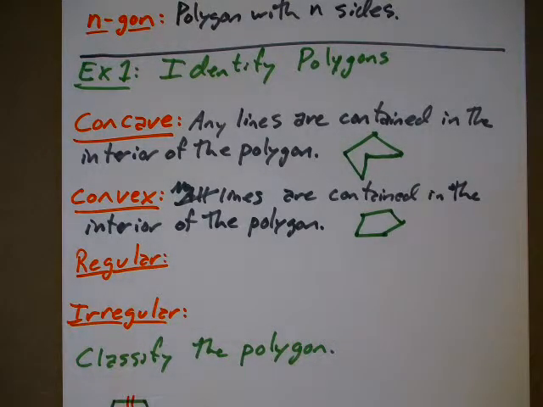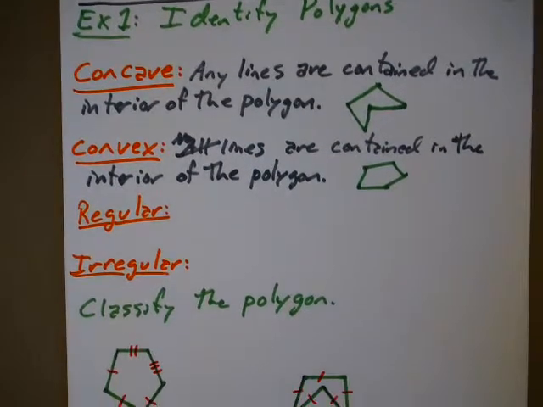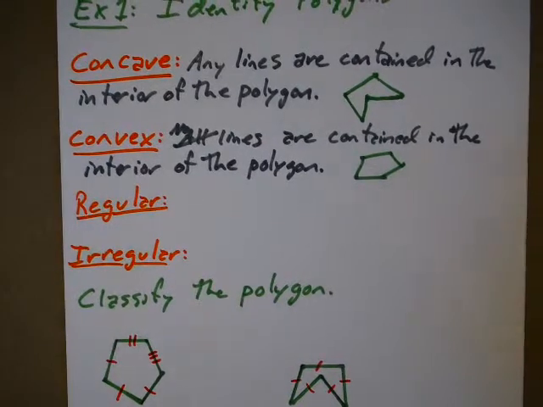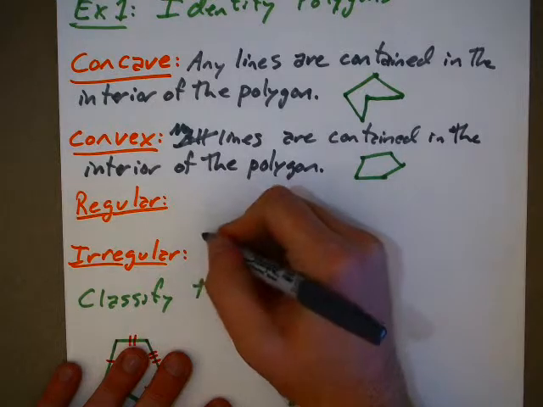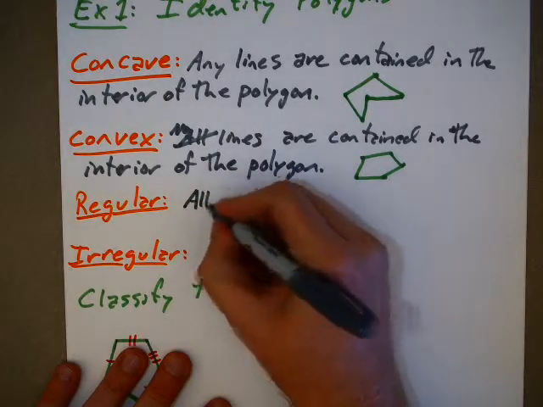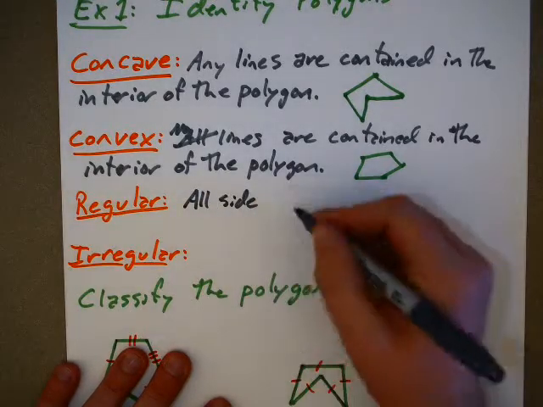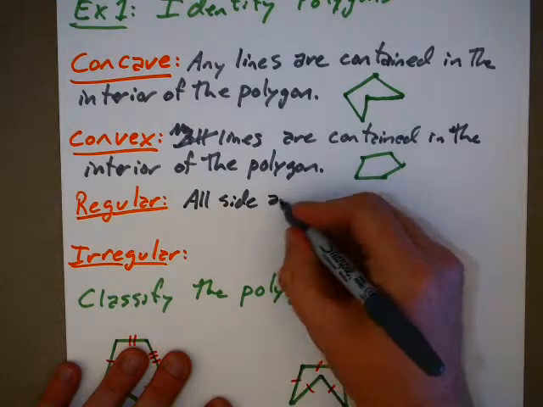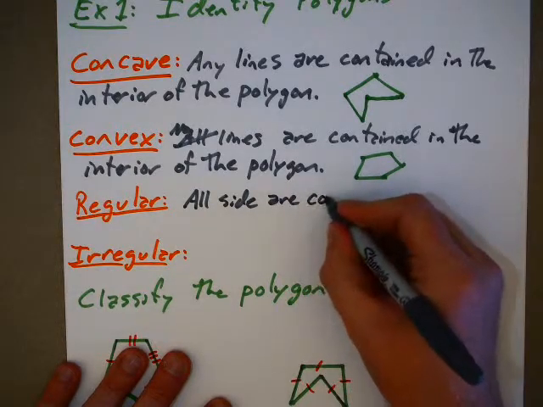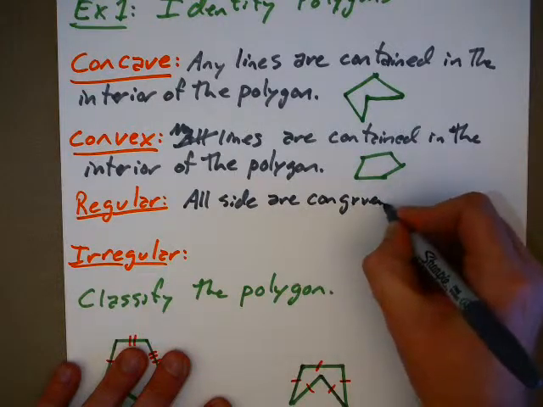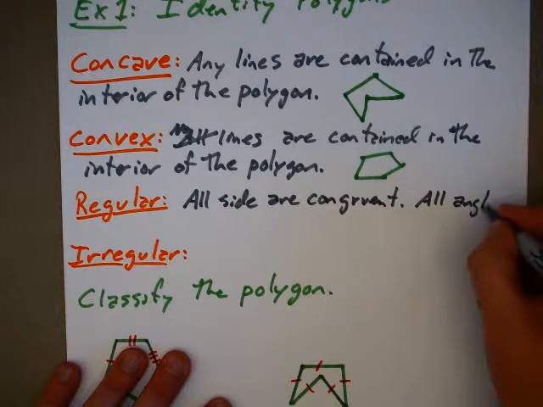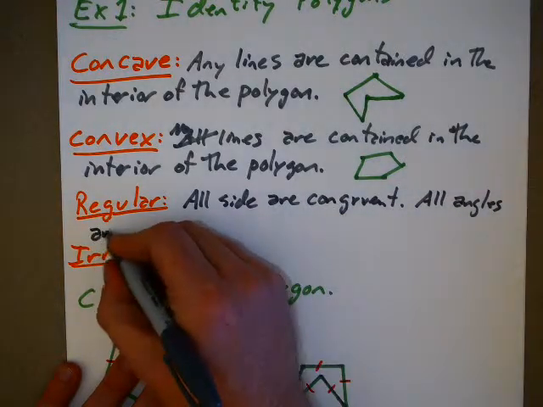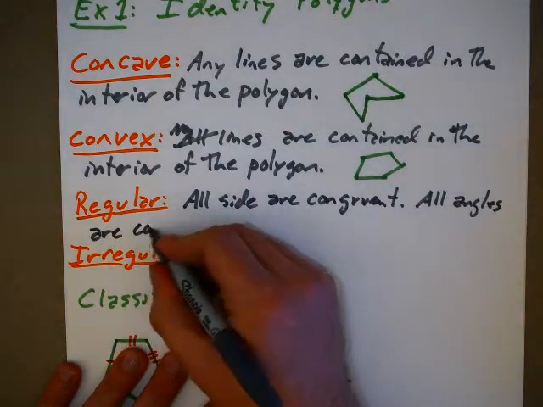The next way to classify is by regular or irregular. A regular polygon is a very nice and neat looking polygon: all the sides would be congruent and all the angles would be congruent.